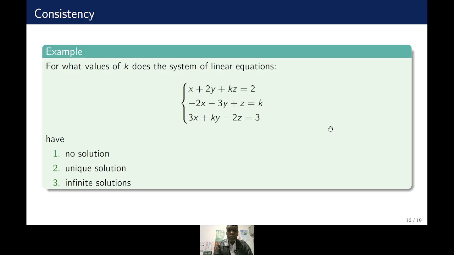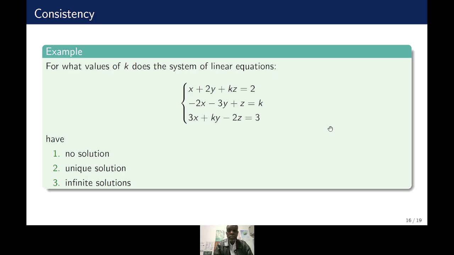We are going to do this system of equations. Just for simplicity, we are now going to solve a system of 3 equations and 3 unknowns. But here there is a variable in our equations. K is a variable. We are going to change our K.